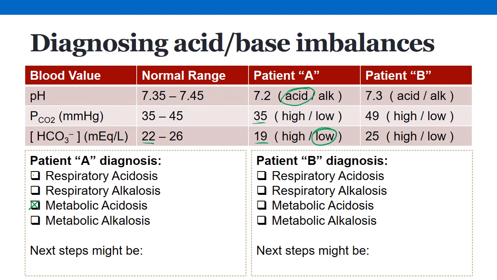So the next steps in this case would obviously be some kind of metabolic workup, some blood tests to try to figure out what might be going wrong with the patient's body, with their metabolism.